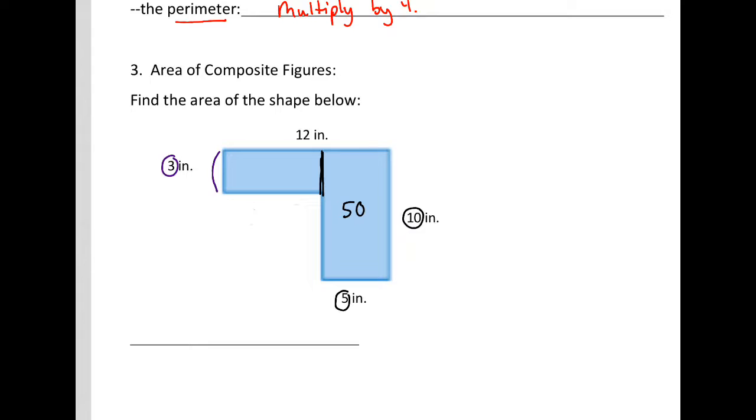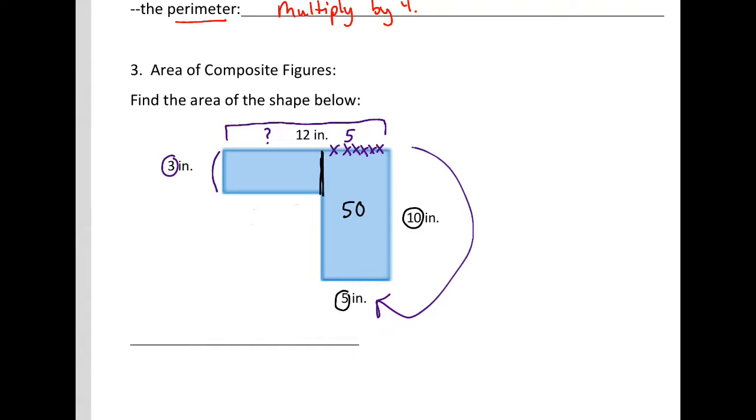So here's what I've got to figure out. Remember, this whole thing is 12. But I don't need this part here where I'm putting the x's. Now that part there, if I look at the bottom of the rectangle, is 5, right? So if this is 5, 5 plus whatever this is that we need has to add up to 12.